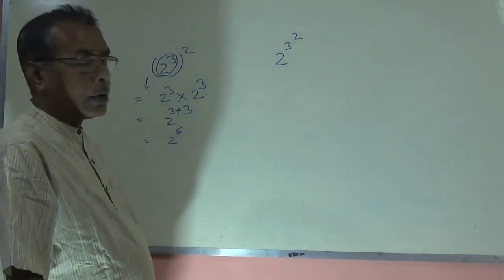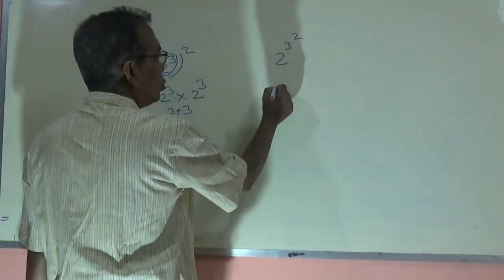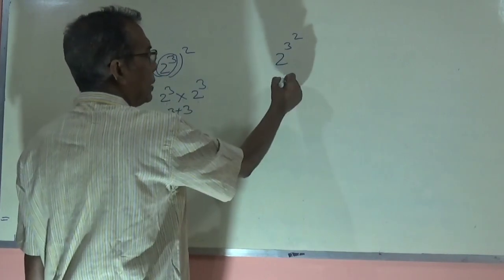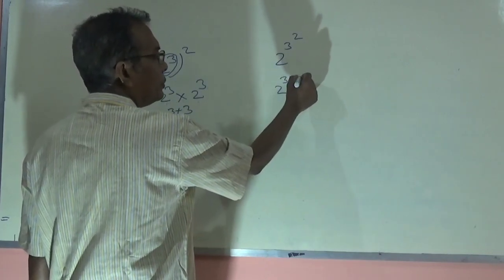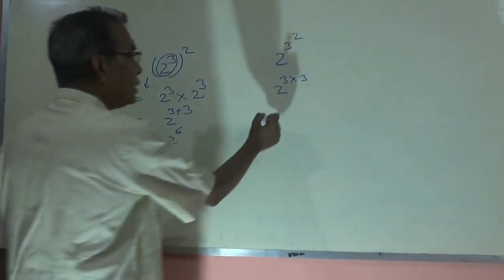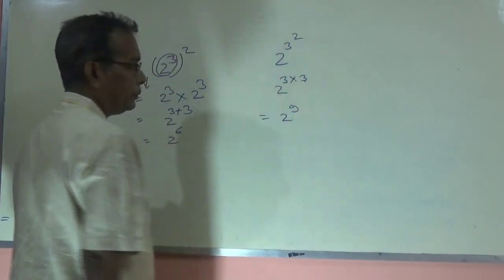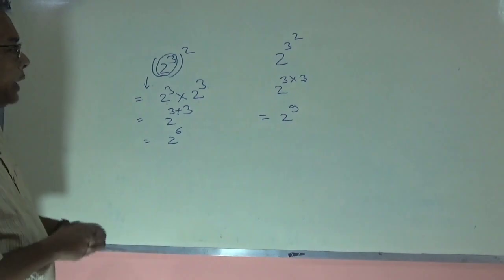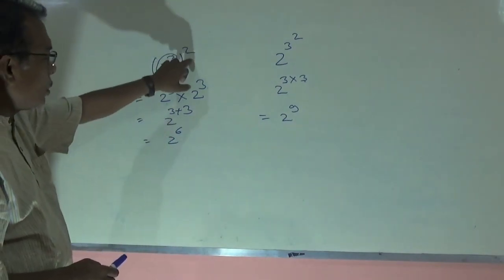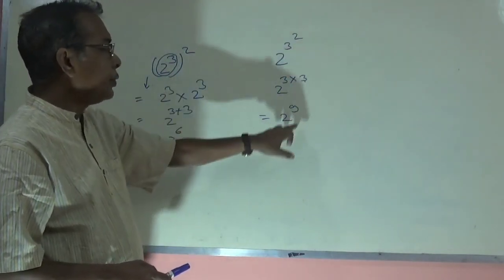Now let us think about the other one: 2 power 3 power 2, where 3 power 2 means 3 into 3, which is 9. So this one is equal to 2 power 9. You find that 2 power 3 whole power 2 is 2 power 6, and 2 power 3 power 2 is 2 power 9.